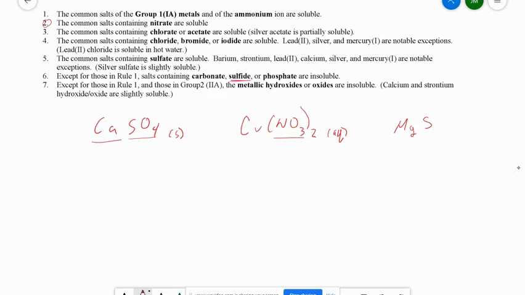Except for those in Rule 1, salts containing carbonate, sulfides, and phosphates are insoluble. So that means this is a solid. So just looking through each one of these rules and looking at the bold-faced words and seeing which one is going to apply.